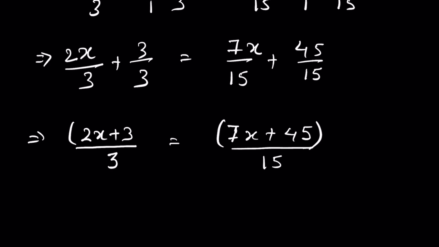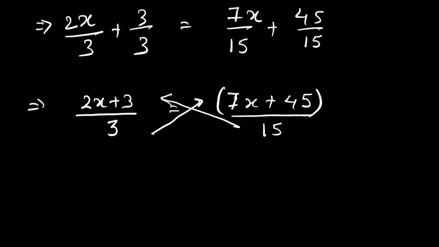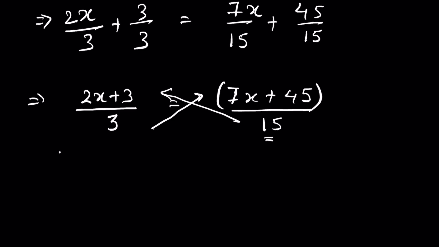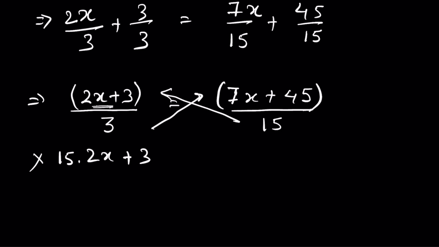What students do when they cross multiply, because the next step is to cross multiply, is multiply this 15 to just this 2x and then write 3. This is not the way you do it, because this 15 will be multiplied to the entire number. This 2x plus 3 is one number. The only difference is that we cannot add them until they are of the same family, but they have a common denominator. That means they are together. So 15 will be multiplied to both of them.